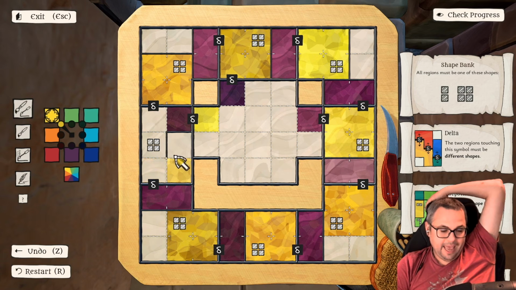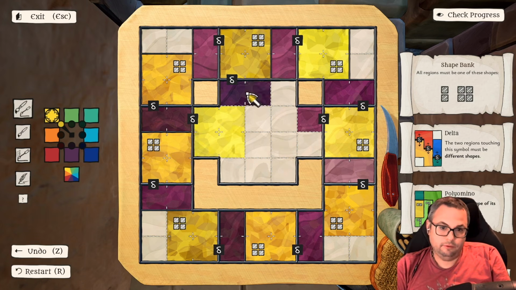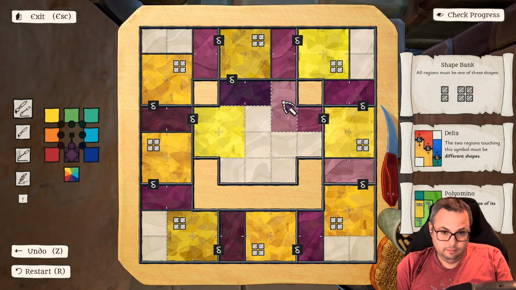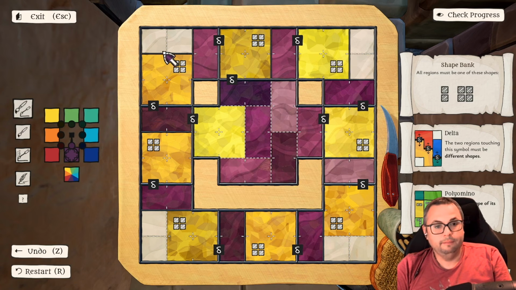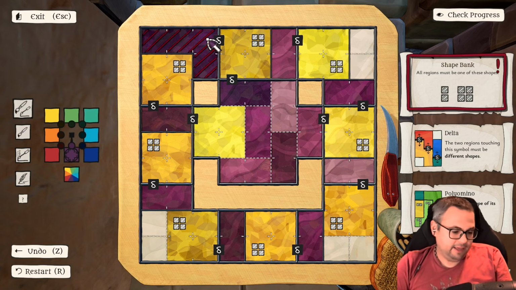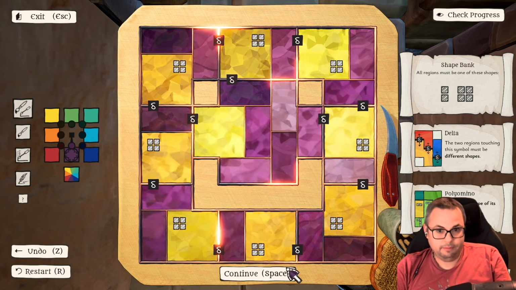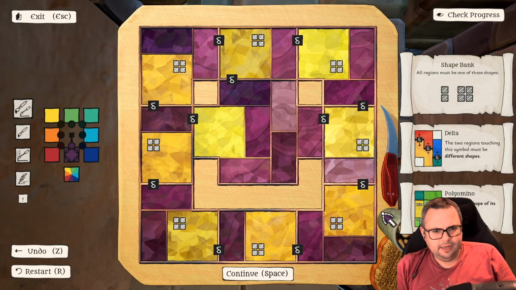Not that. Which, again, sort of forces that purple, forces this purple, forces that purple, forces this purple, forces that purple, forces that purple. And then we've got that purple, that purple, that purple, and that purple is the answer. That felt crazy.